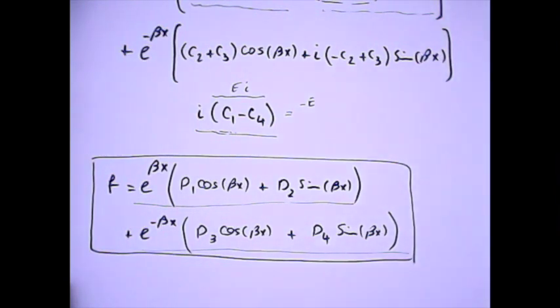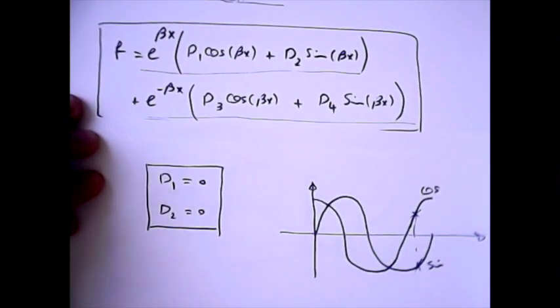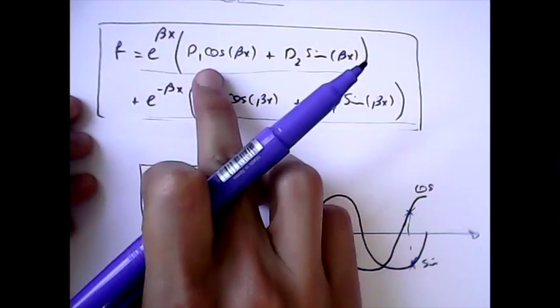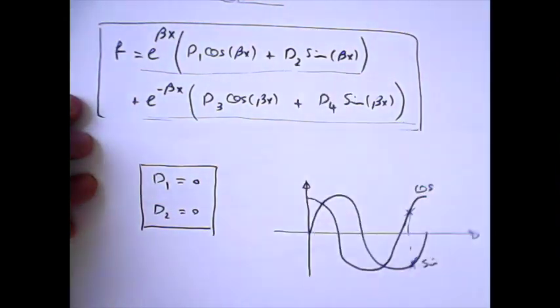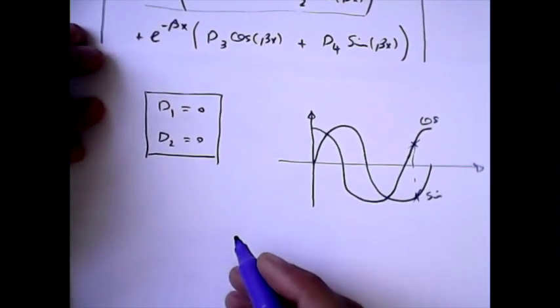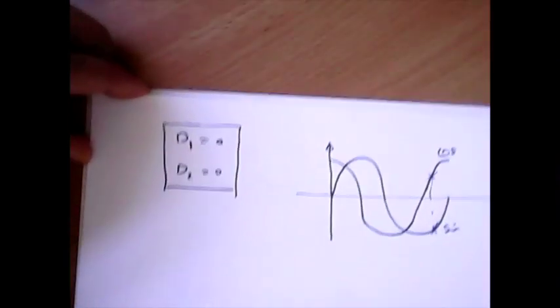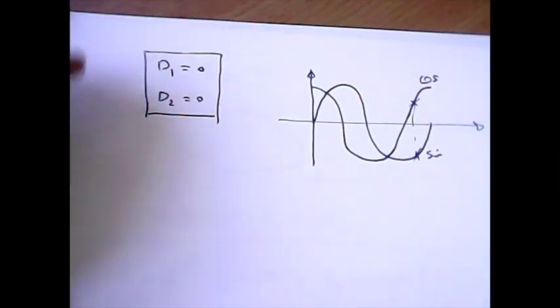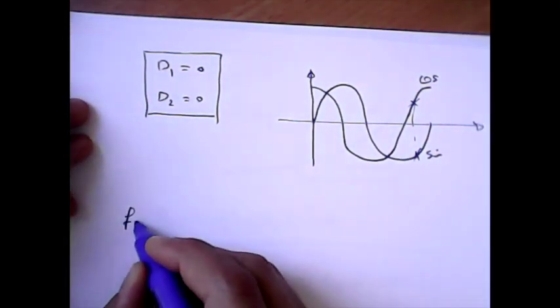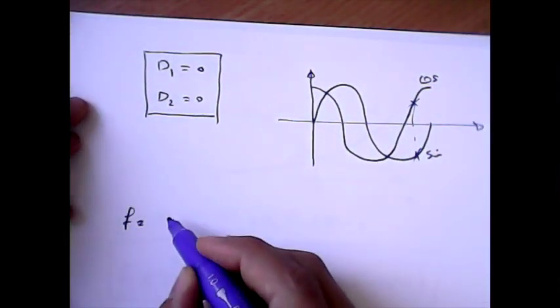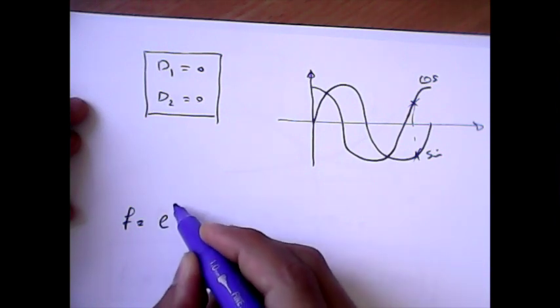So that's pretty neat. Let me take that and just get rid of d1 and d2 in here and write out the family of solution. So I'll write out everything. The family of solution will become, without d1 and d2, equal to e to the power minus beta x.